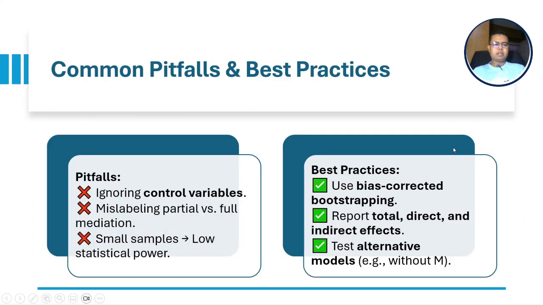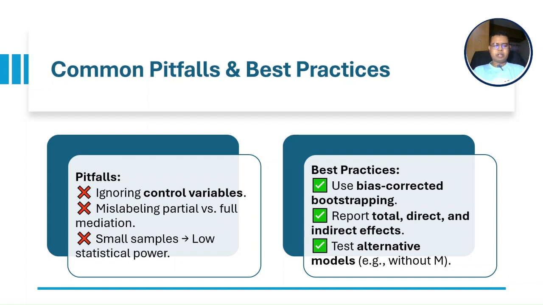On the other hand, there are some common pitfalls and best practices. So what are the pitfalls? Usually, people ignore the control variable in the mediating model, right? When will you apply the mediating variable? Mislabeling partial versus full mediation could be a problem. Small sample, or low statistical power.